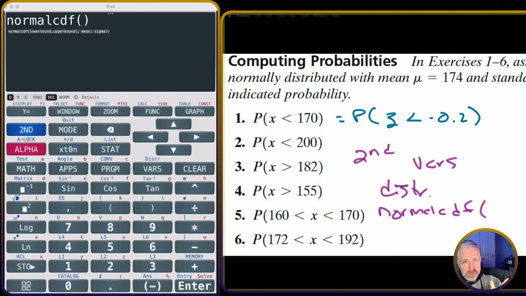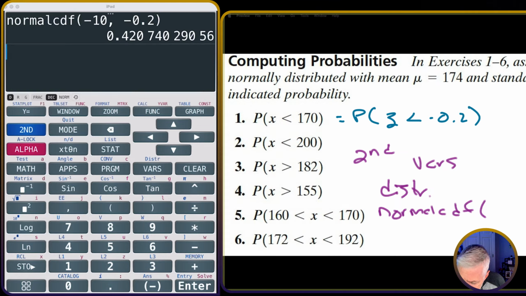So what I'm going to use here and what we use in class is negative 10. You can use negative 5 and still be okay. We're going to use negative 10. So from the far left to the negative infinity, I'm just going to go negative 10 and then comma, and then my far right point, my largest point, is negative 0.2, the z-score that we came up with when we did our transformation.